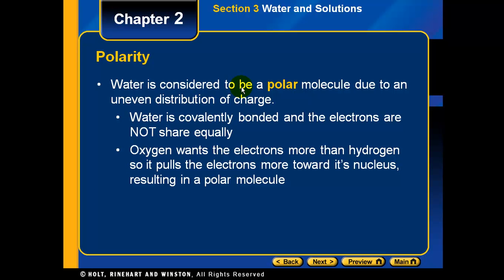Water is considered to be polar due to an uneven distribution of charge. Water is covalently bonded. The hydrogens and the oxygens have a covalent bond. They are sharing their electrons. However, the electrons are not shared equally.